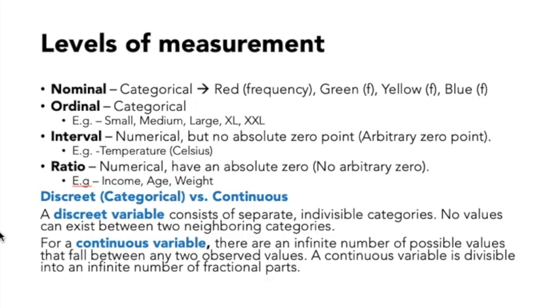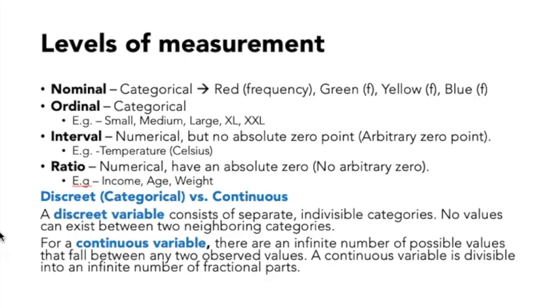If you get income, even if someone says I have 100 rupees with me, and you have 102 rupees with me, what's the midpoint of both of these? Yes, there's a midpoint for that. And likewise, if you get two numbers, there will be multiple possible values that could fall between any two observed values.